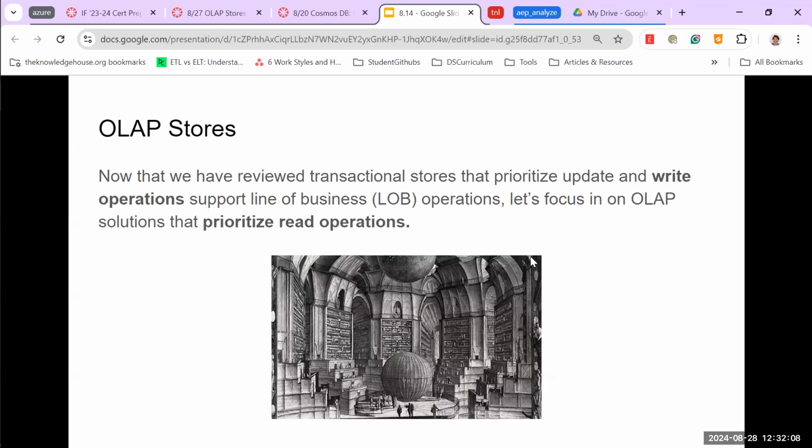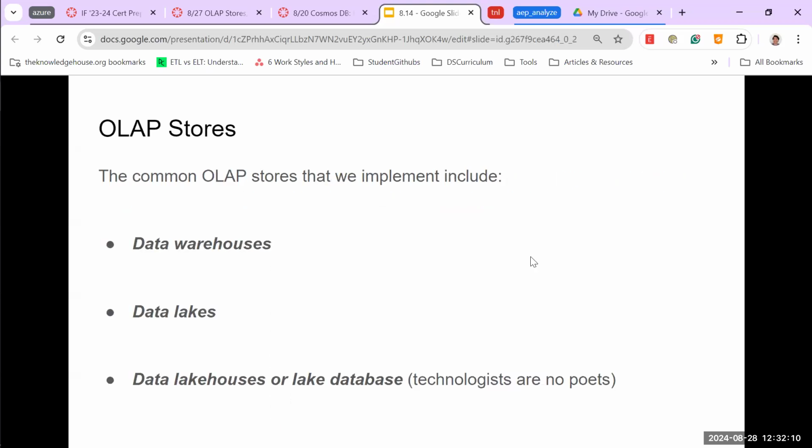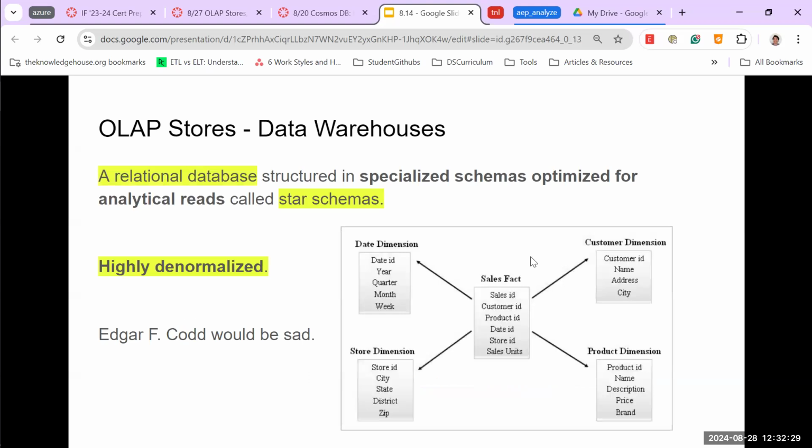OLAP is your best bet instead. Now, some common terminology that we should get acquainted with in terms of OLAP stores include data warehouses, data lakes, which we actually already talked about in the last lecture, and something called data lakehouses, which is a little bit of a combination of data warehouses and data lakes.